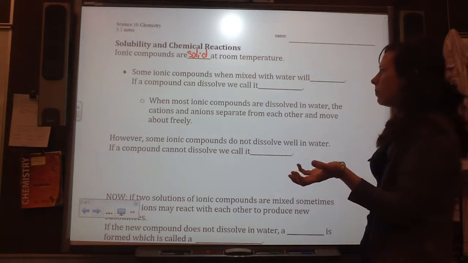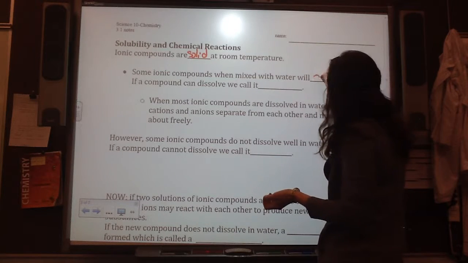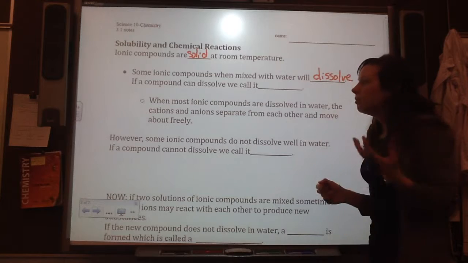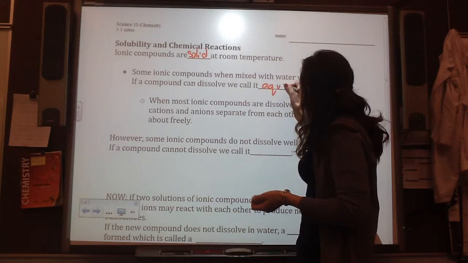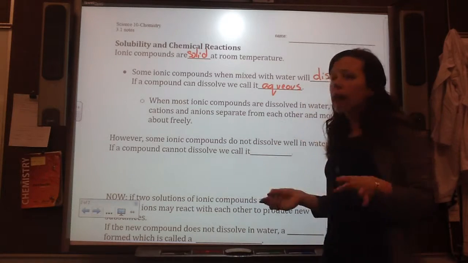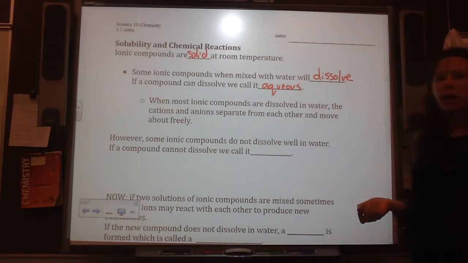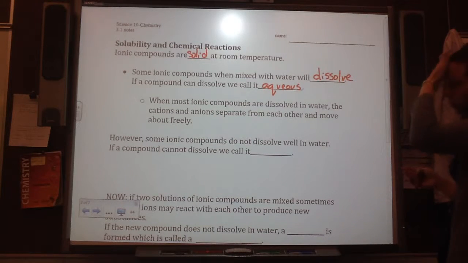But some ionic compounds, when mixed with water, will dissolve, like salt. If a compound can dissolve, we call it aqueous. So in your lab, you should have written NaCl aqueous for your identified solution, because they were all solutions.